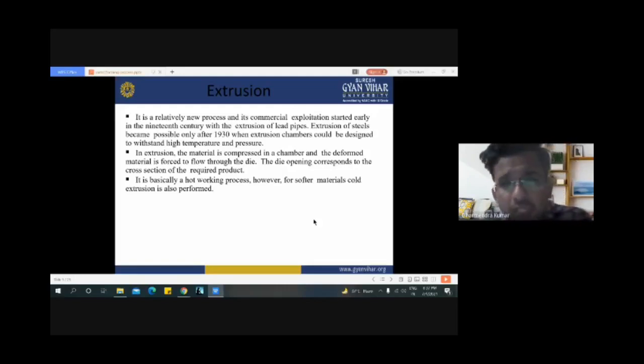In the extrusion process, the material is compressed in a chamber and the deformed material is forced to flow through a die. The die opening corresponds to the cross section of the required product. It is basically a hot working process. However, for softer material, cold extrusion is performed.